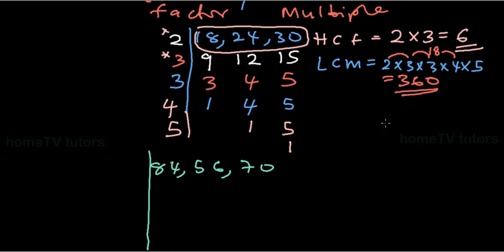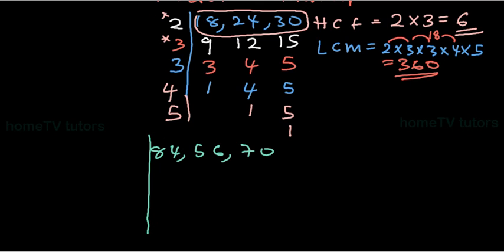So we divide quickly by prime numbers. So 2 can go. 2 in 84 we have 42. 2 in 56 we have 28. Move on to the next column: 70 divided by 2 is 35.